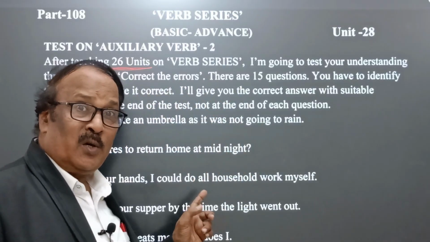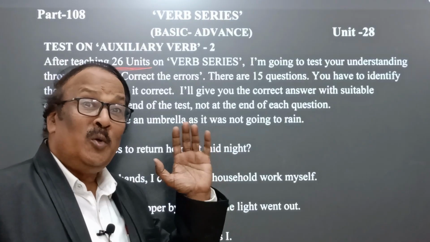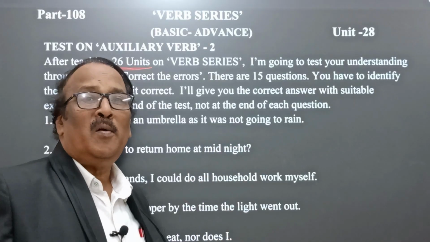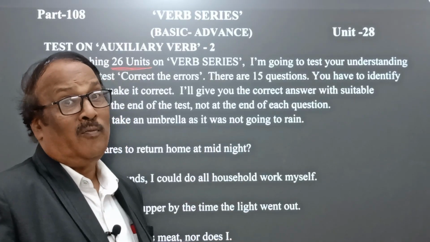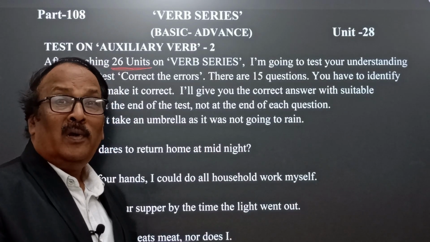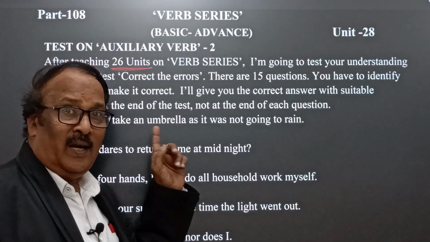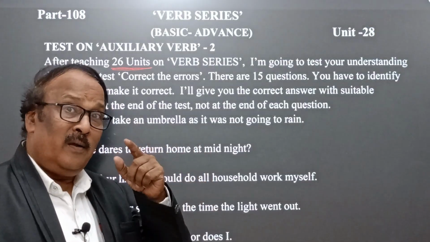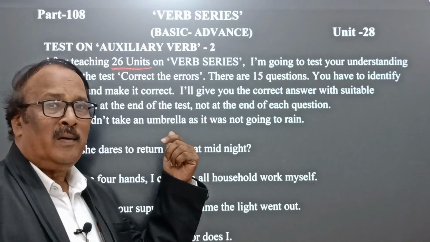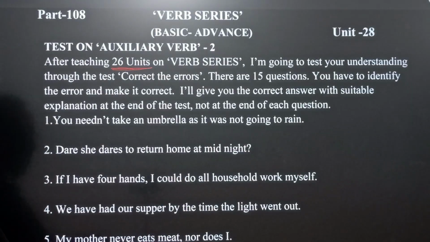I will discuss the correct answers and suitable explanations for each and every question at the end of the test, not at the end of each question. Now it's my turn to read the questions, and it is your duty to identify the error and correct it in your mind. Question number 1.